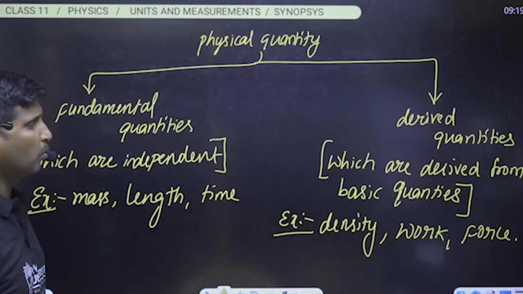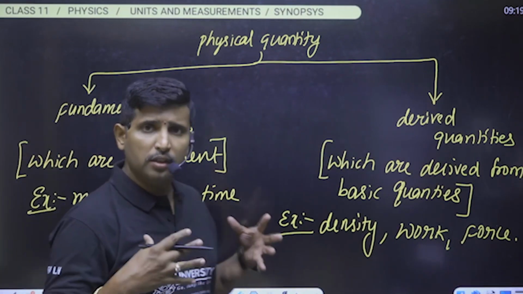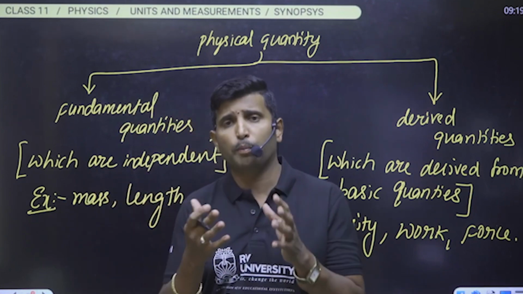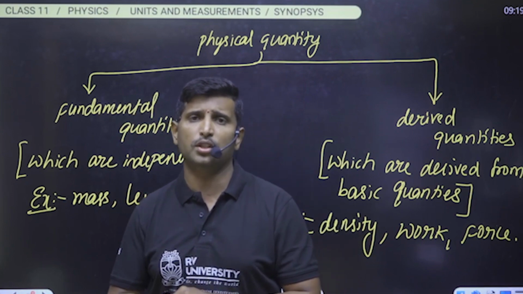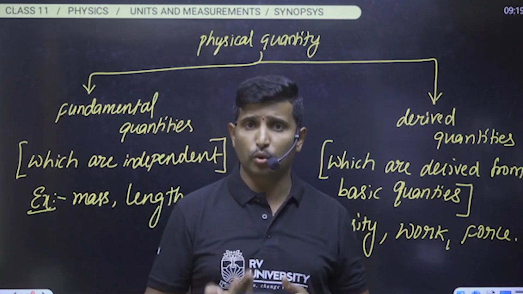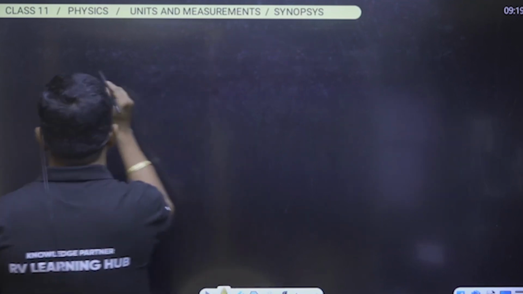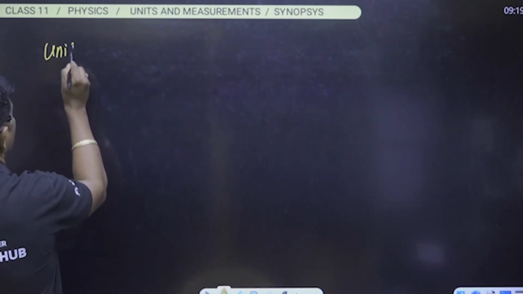derived quantities. And whenever we put all these fundamental quantities together, we get a group of systems, which is called a system of units. Before going to system of units, let us understand unit. What is the meaning of unit here?